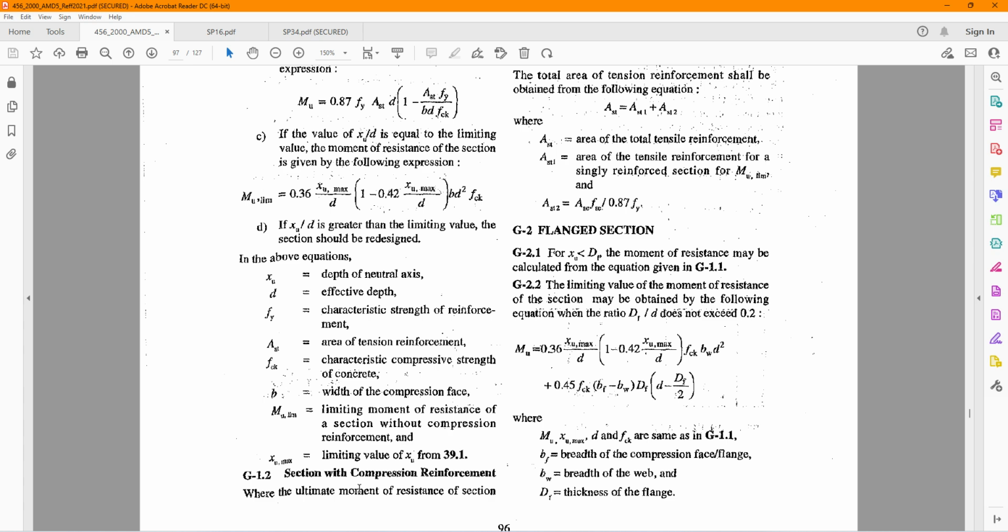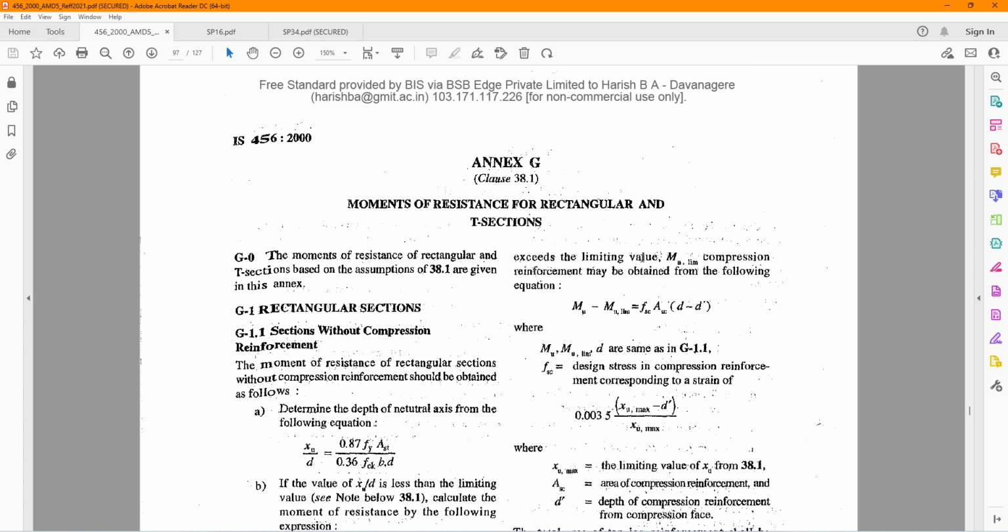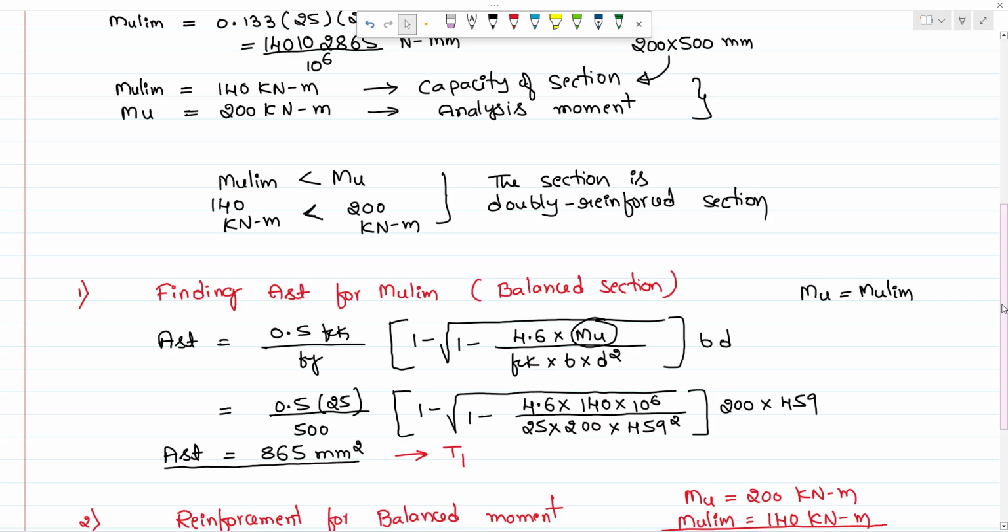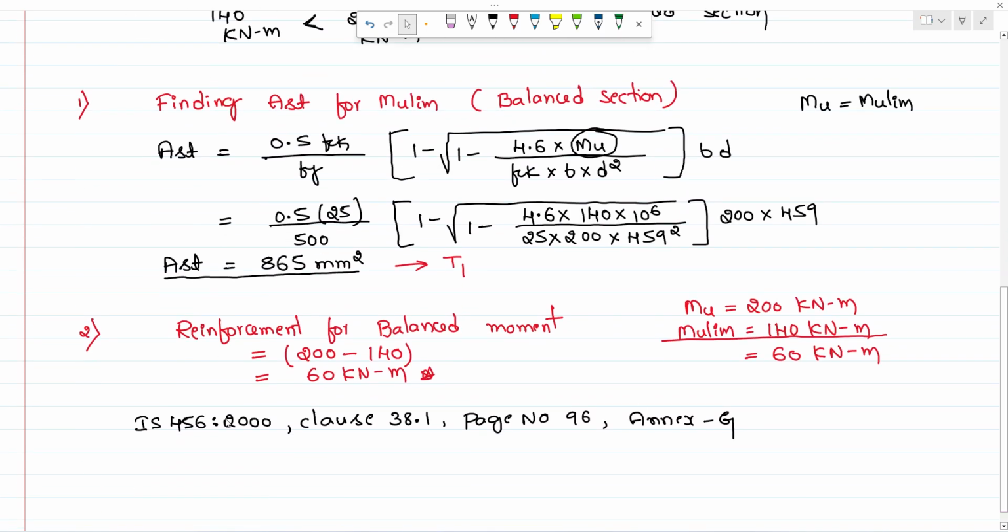Where the ultimate moment of resistance of the section exceeds the limiting value Mu limit, compression reinforcement may be obtained from the following equation. So in the second step, reinforcement for balanced section. This is nothing but our ASC, compression reinforcement.